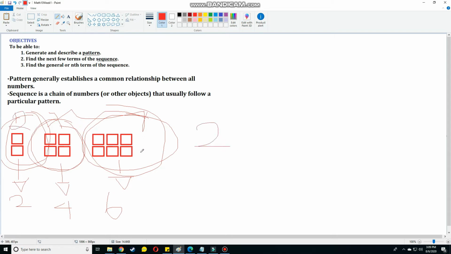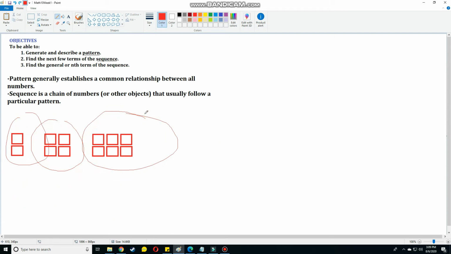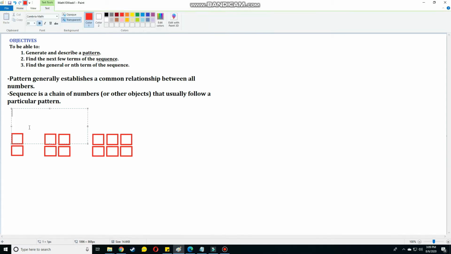So from 2 boxes, we added 2, and therefore there are 4. And then on the 4 boxes, we again add another 2. So that's why there are 6 boxes. And that relationship that we just observed is what we call the pattern. Meaning, the relationship where in every picture 2 boxes are being added, that is what we call the pattern.